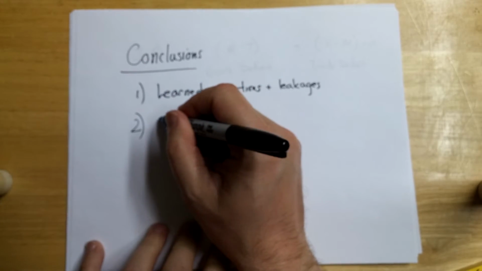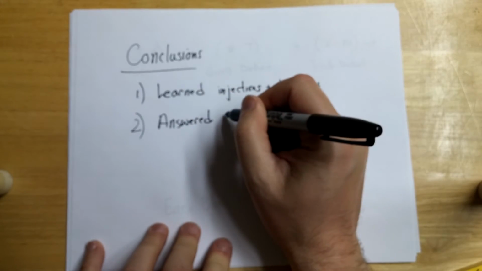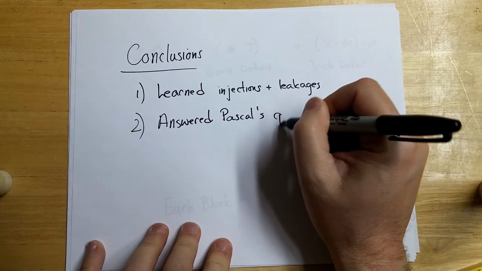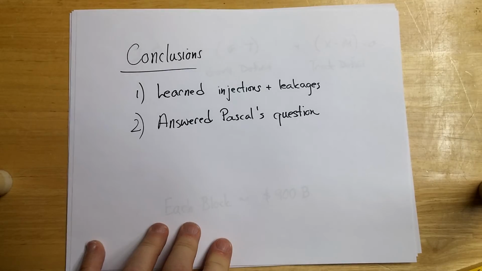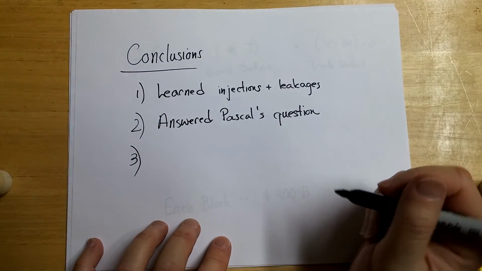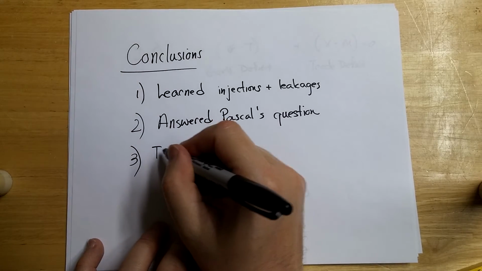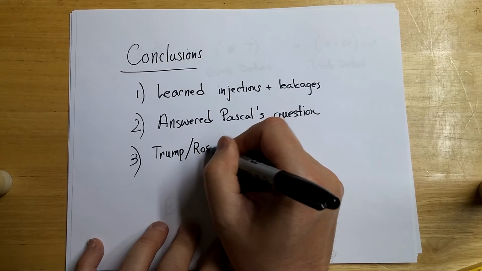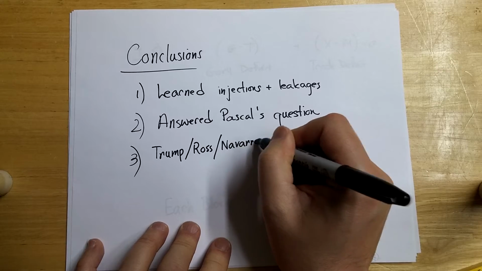2, we answered Pascal's question. Okay. And 3, okay, we brought into question this whole idea of Trump, Ross, and Navarro. Okay.